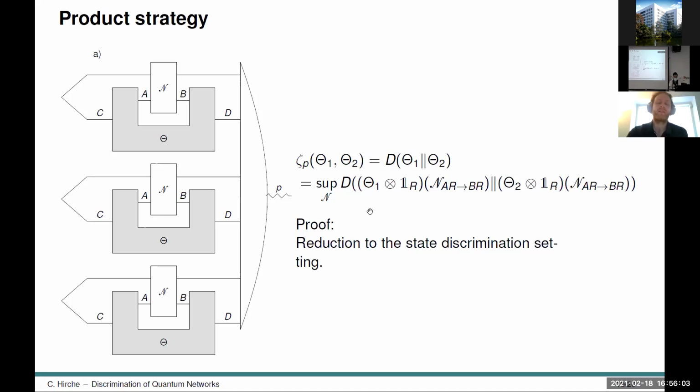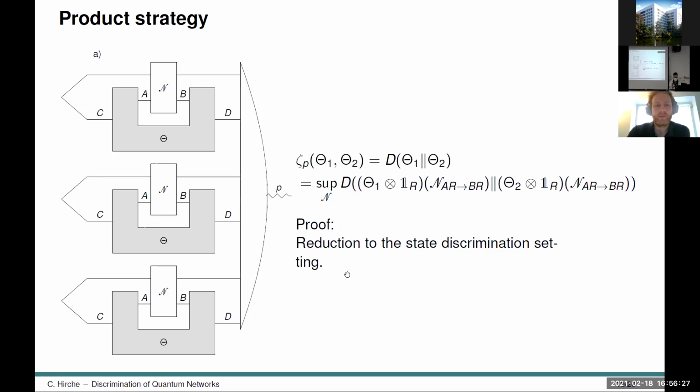Okay, and how do you prove that this is the optimal rate? That is actually not very difficult, because now if you fix an input state and if you fix an input channel, then the output states of your networks are essentially IID states. So we can just use the theory of state discrimination to get the optimal rate.